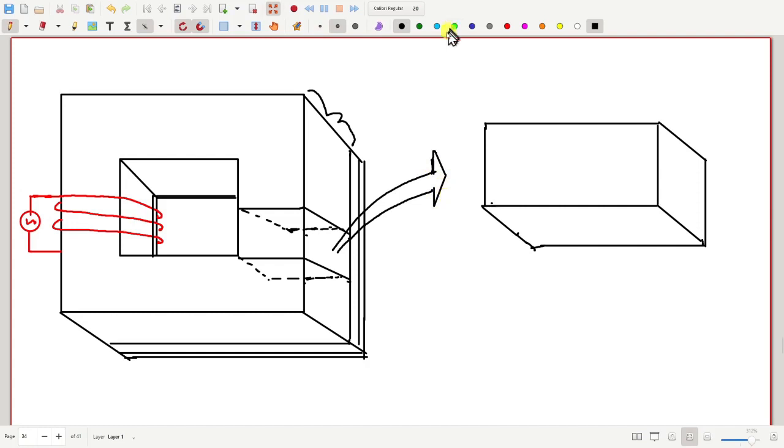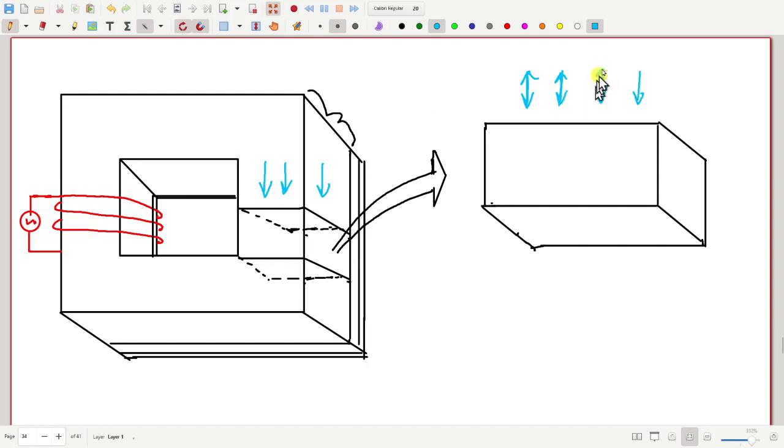Okay, now flux lines are like this. Okay, so here also the flux lines are like this. And this flux is varying. Sometimes it's downwards, sometimes it's upwards, because the original current is sinusoidal AC current.